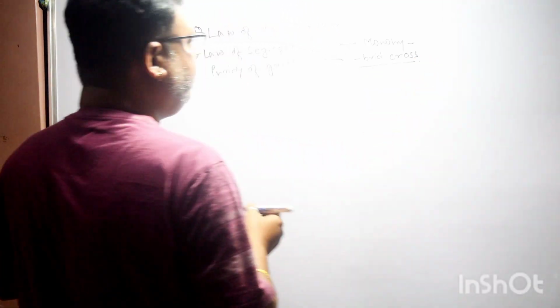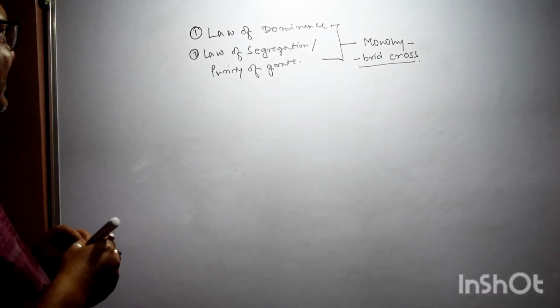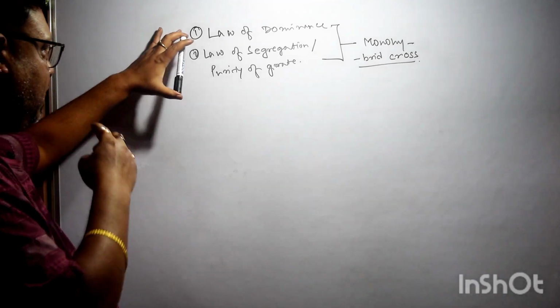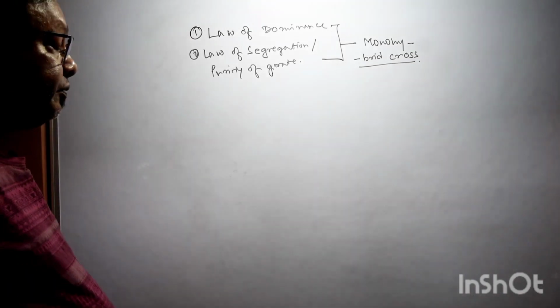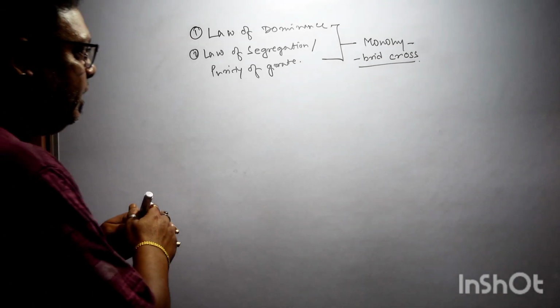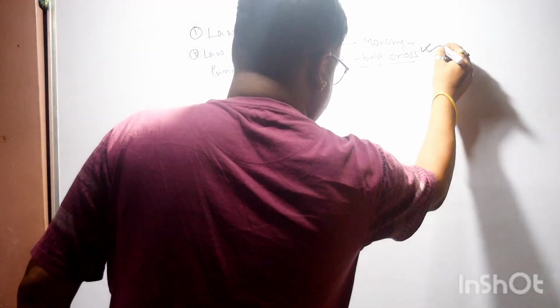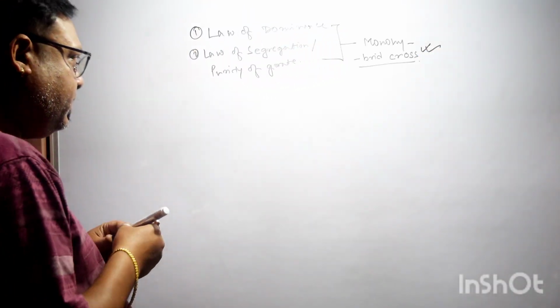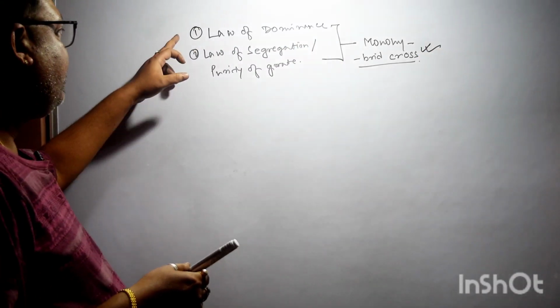Now one question may arise here, that if both the laws can be determined by only monohybrid cross or only a single cross itself, so what is the difference between these two?